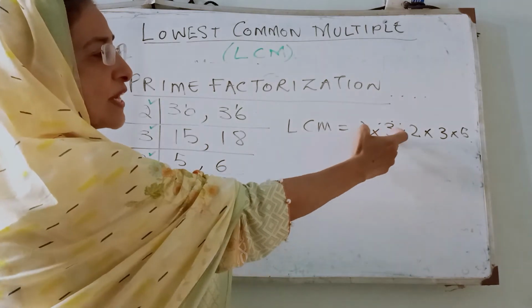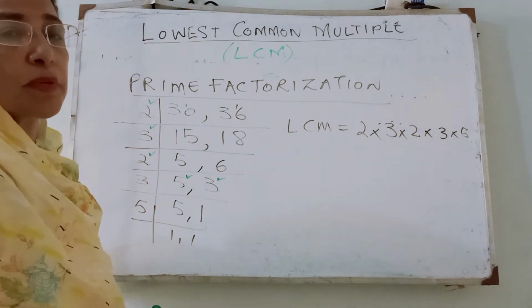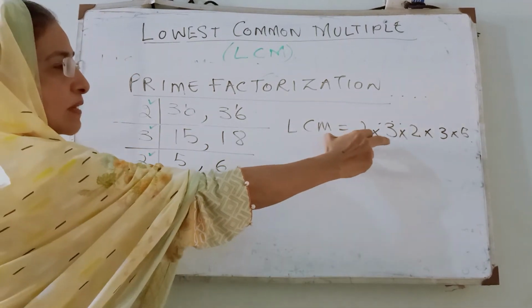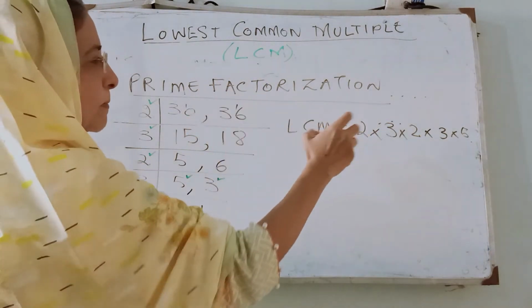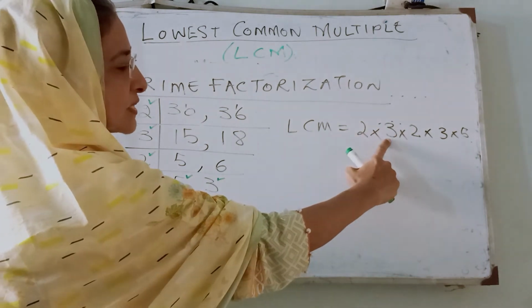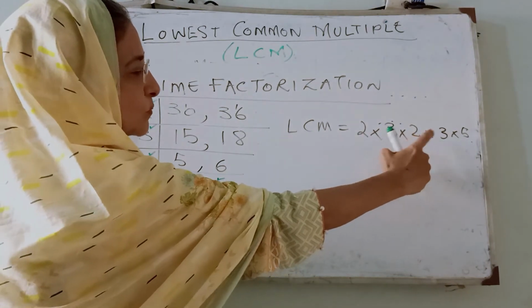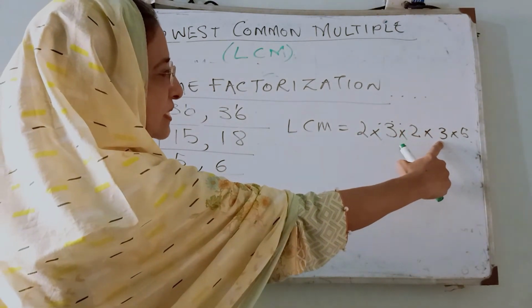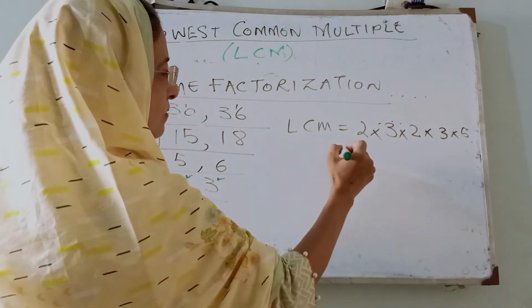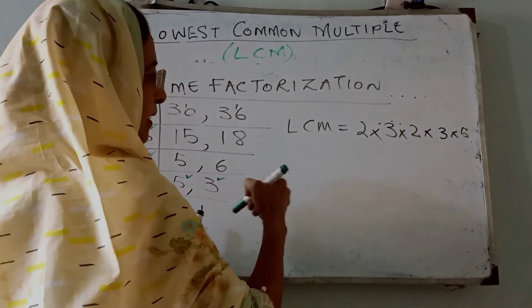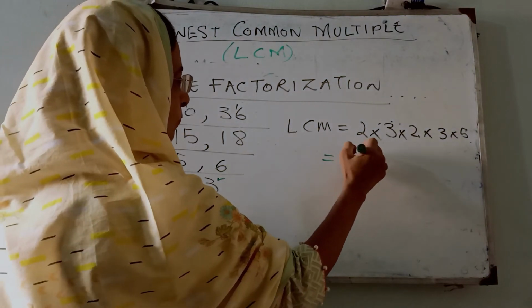We can write a big number, but the factors should be prime. Now 2 threes are 6, 6 twos are 12, 12 threes are 36, 36 multiplied by 5 is 180. So my LCM is 180.